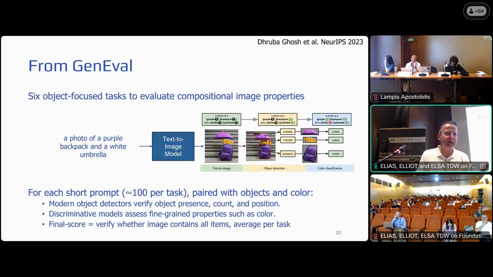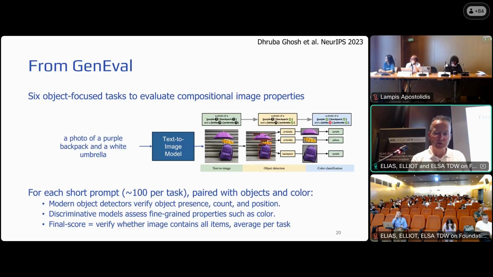Because they are paired, they can run an off-the-shelf object detector, I believe a Mask2Former, that analyzes the generated image to verify whether, given the prompt, a photo of a purple backpack and a white umbrella, the backpack and the umbrella are indeed in there and whether the color attributes match. If this matches, your score goes up, and then you can compute your final score.